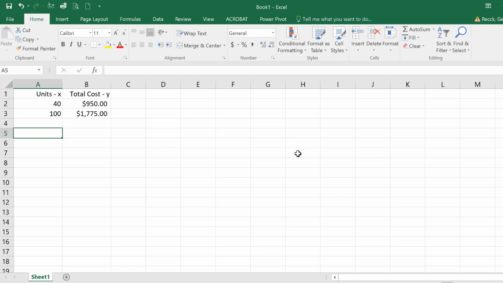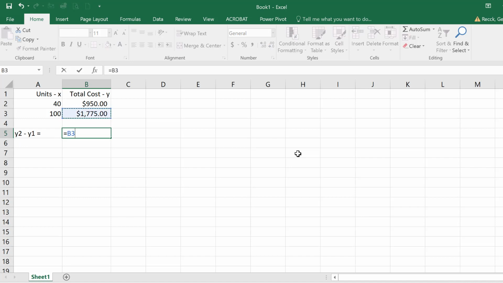Now, most of you, I hope, may recall the formula for slope, rise over run. And I'm going to work that out very quickly. The rise is y2 minus y1, and that's going to equal the difference between B2 and B3.